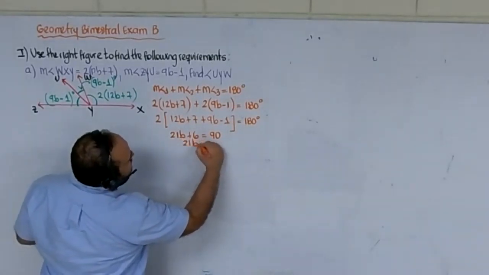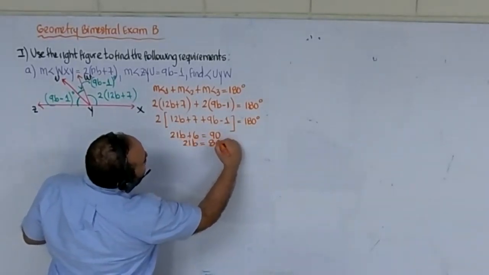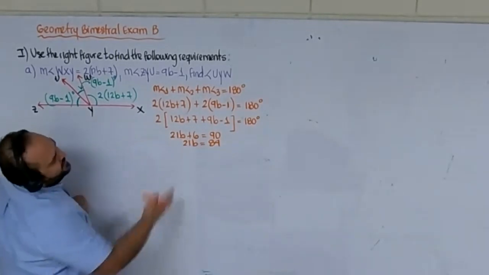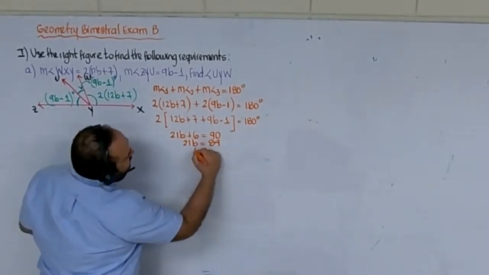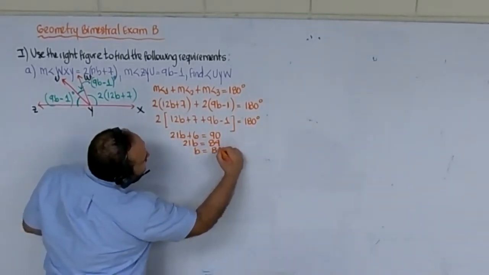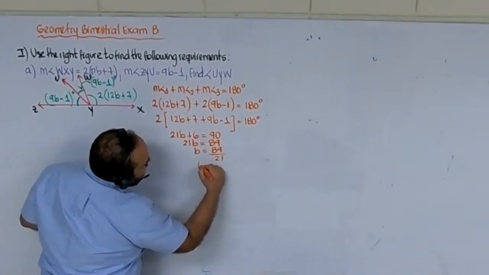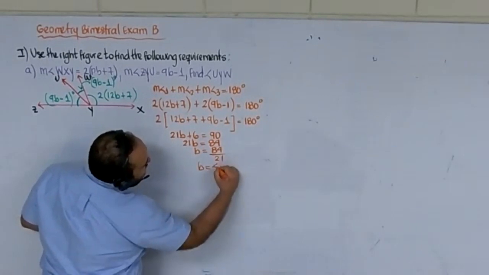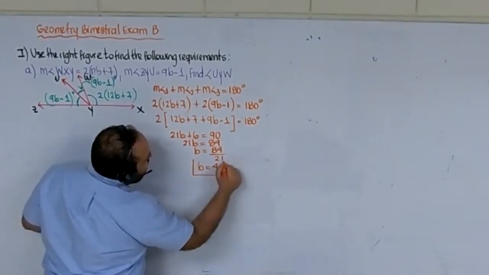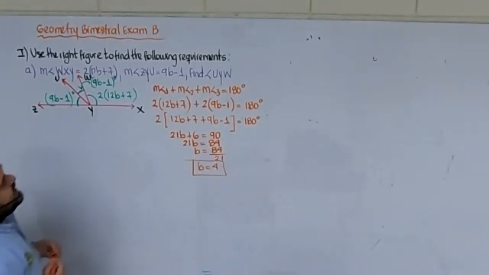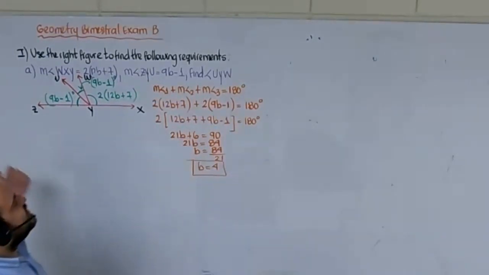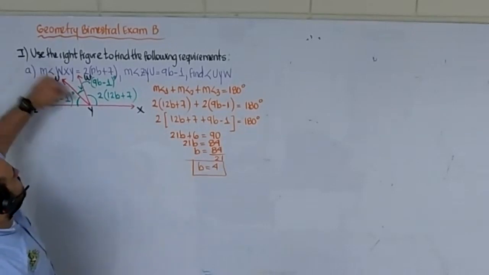21B equals 84. Why 84? Because 90 minus 6 will be 84. And for B, we have to divide 84 by 21. Obviously, the result will be 4. This is going to be the value of B. But remember, the problem says find the measure of the angle UYW.